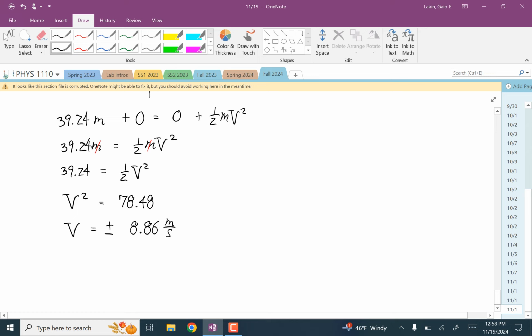We're just talking about a speed, so this is positive. Any questions about that? So that's just sort of the simplest type of conservation of mechanical energy problem we can do.